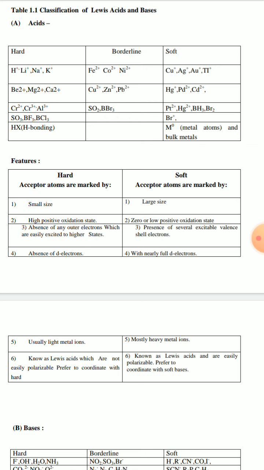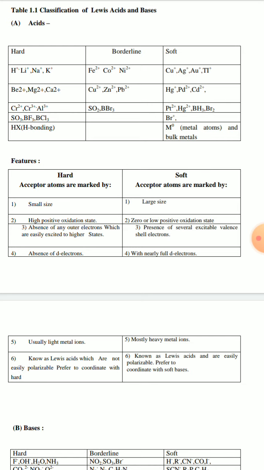Hard acids have an absence of any outer electrons which are easily excited to a higher state, and in soft acids there is presence of several excitable valence shell electrons. Hard acids show absence of d electrons, and soft acids have nearly full d electrons.